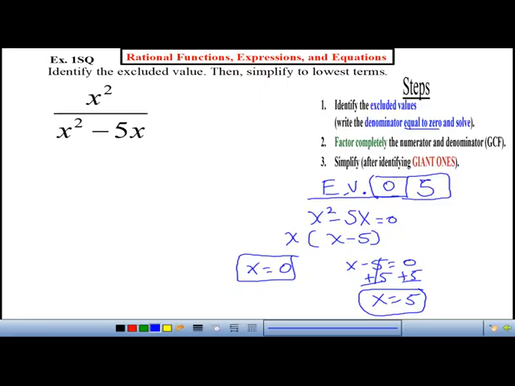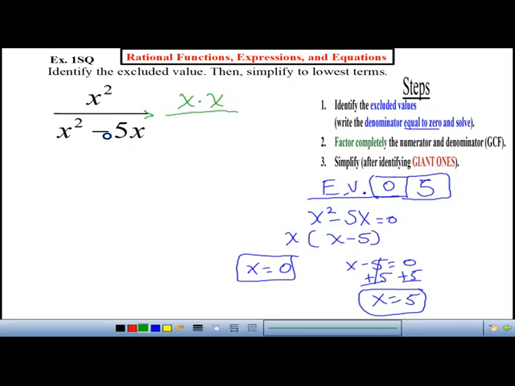All right. So we're done with excluded value. What else do they ask us to do? Simplify. All right, so here goes the next step. How can we factor the numerator completely? x squared is what? x times x. How about the denominator?